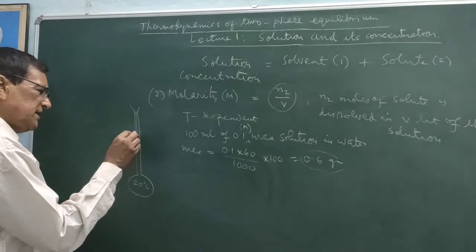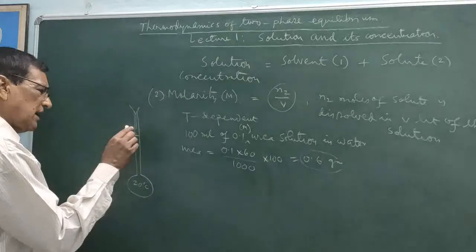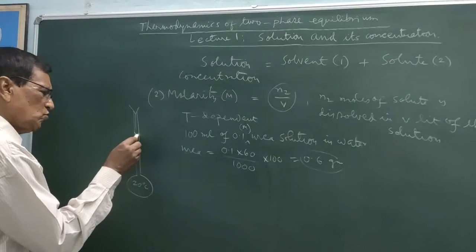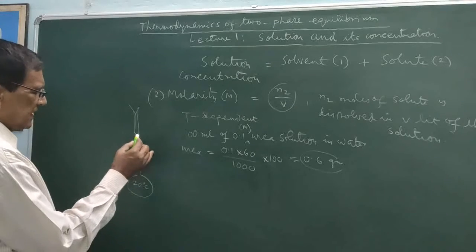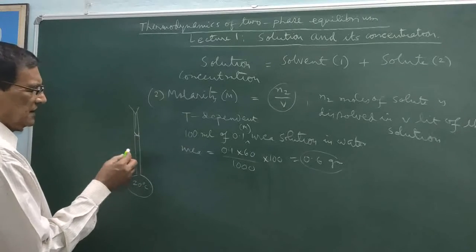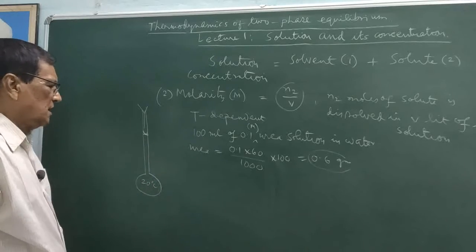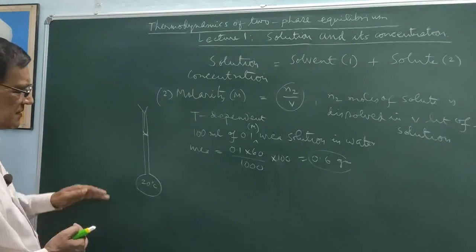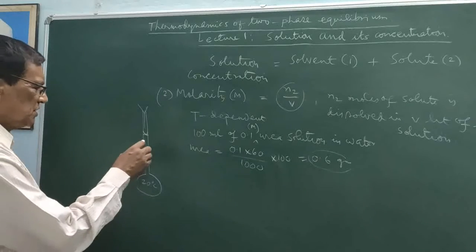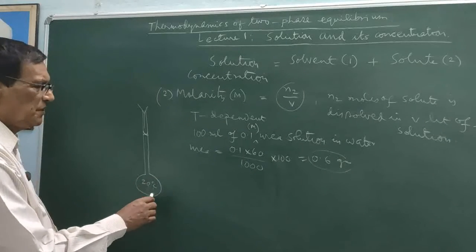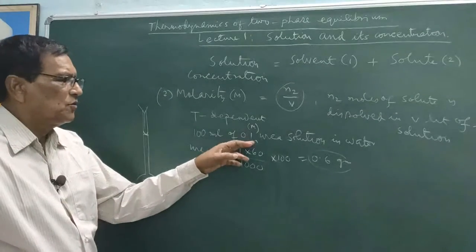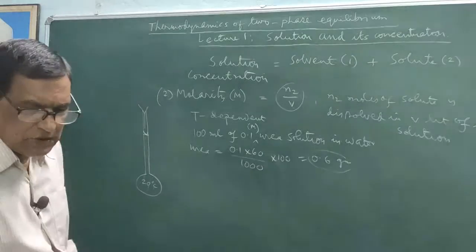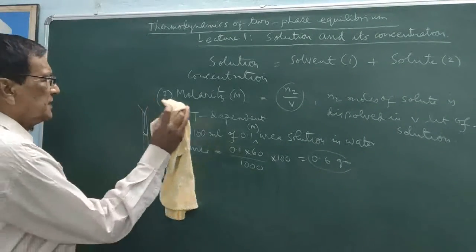Since the meniscus of water is a curved surface, this cut marker is to be a tangent to the apex of the solution meniscus. So this solution will be 100 ml of 0.1 molar urea solution in water at 20 degrees centigrade. So this is very easy to prepare in the laboratory.